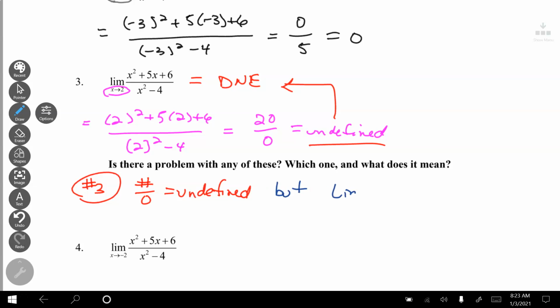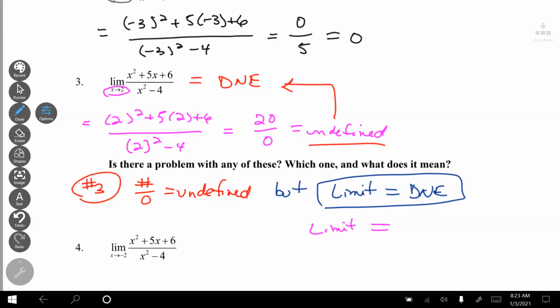For a limit, you have to put down DNE. Limits can never be undefined. If you put down undefined for a limit, you will not get it right. You will lose points. If you have something that you cannot do, such as 20 divided by 0, for the limit you have to put down does not exist, DNE.